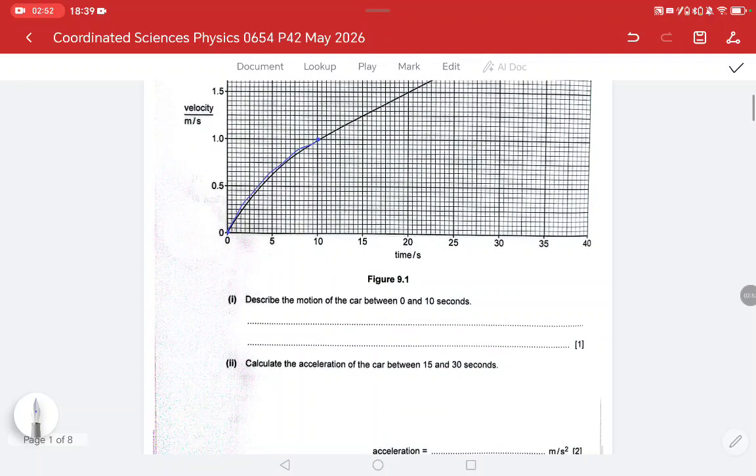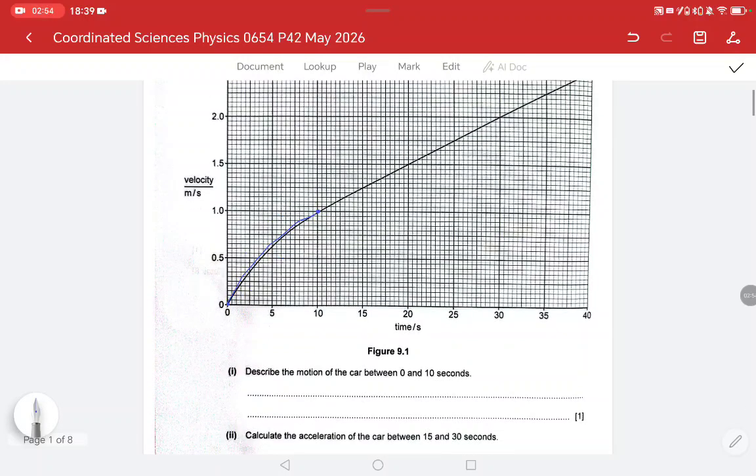This is only 1 point, and yes, it's acceleration, but also you have to see that since this is a curve, this is not constant acceleration. So don't write constant acceleration in the exam, actually this is incorrect. If it's a straight line, yes, it's constant acceleration.